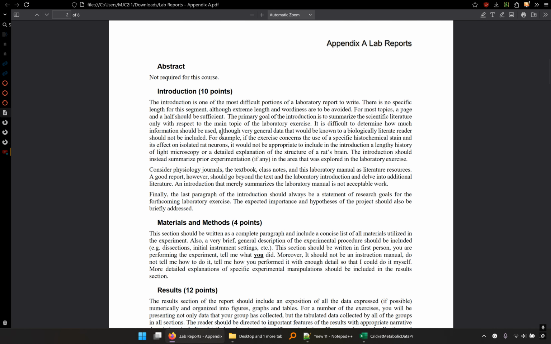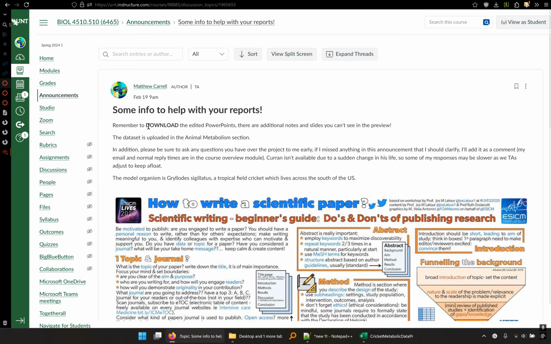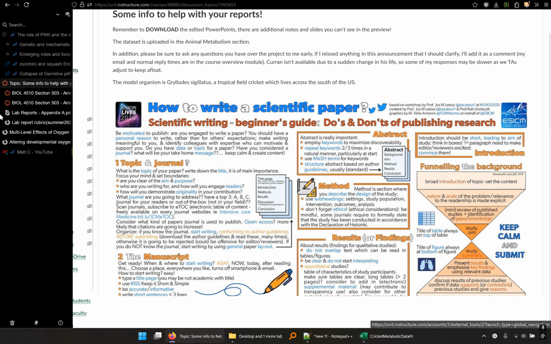So your background is talking about how good a fit your model organism is. In this case, it's this tropical field cricket, which is going to be called Gryllodes sigillatus. It lives in South Florida, and it's typically used as a feeder cricket.